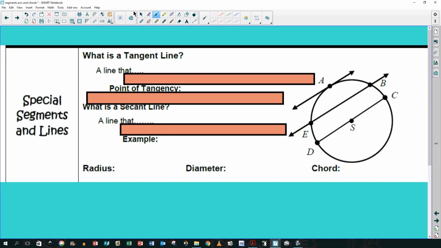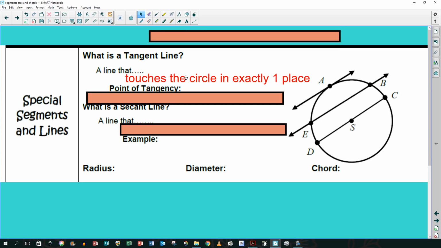All right, so what is a tangent line? A tangent line touches the circle in exactly one place. So if you look over here, notice how this line right here, and we're going to put another point right here.